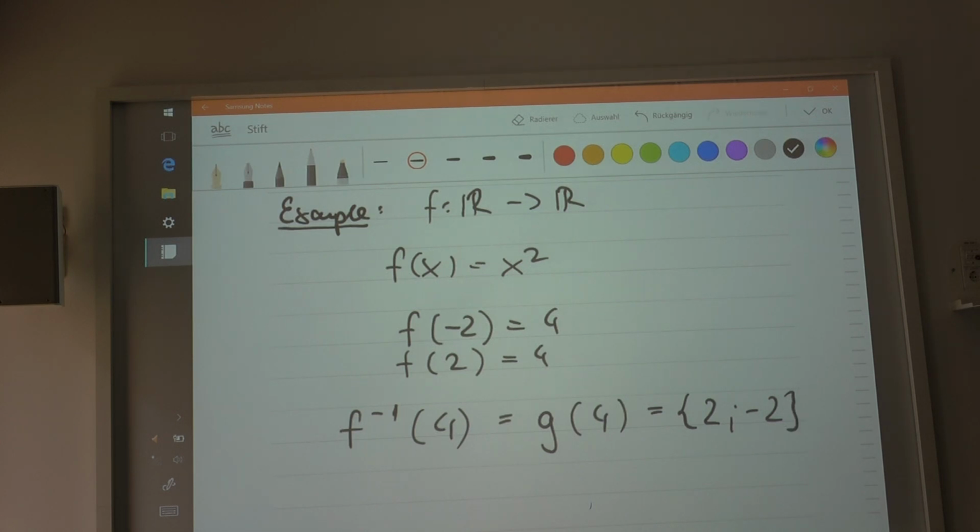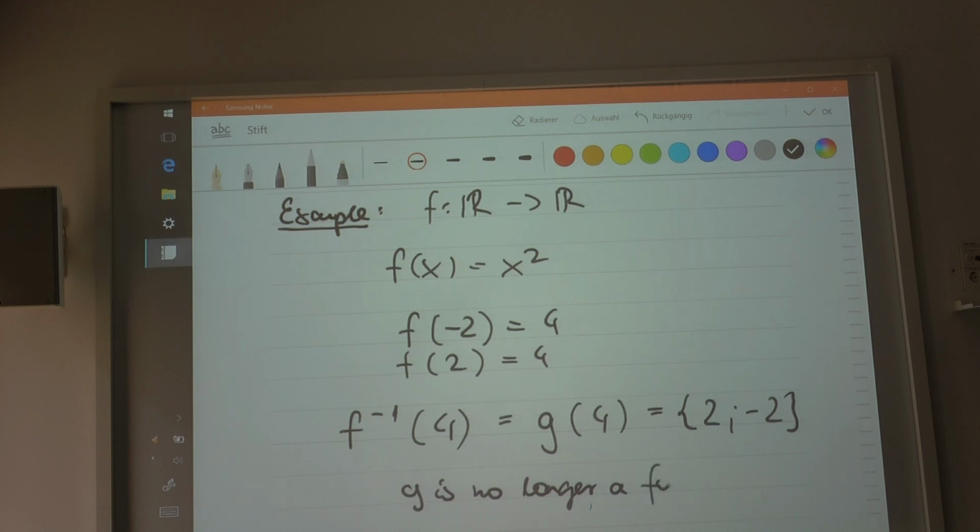So the function g would have two different images for the same argument. This cannot be the case, because g in that case would no longer be a function. So g is no longer a function, so f is not invertible. That doesn't mean that g is surjective, because there is no such thing as a function g, right?